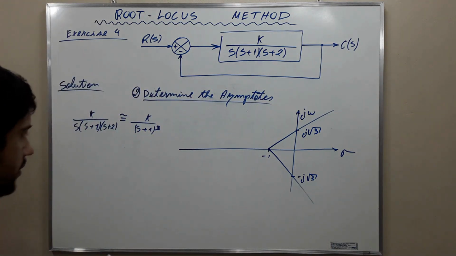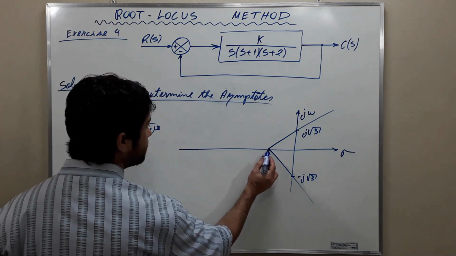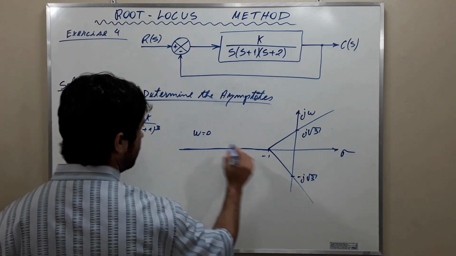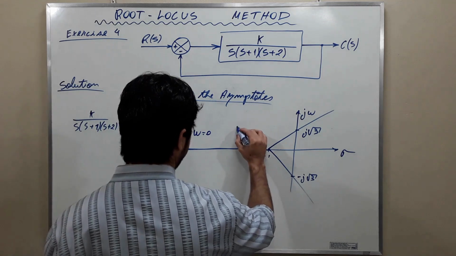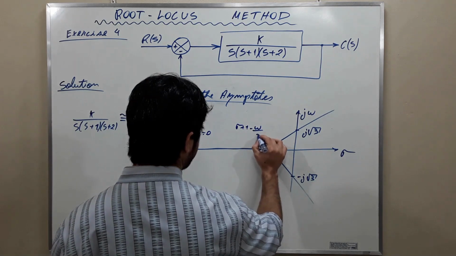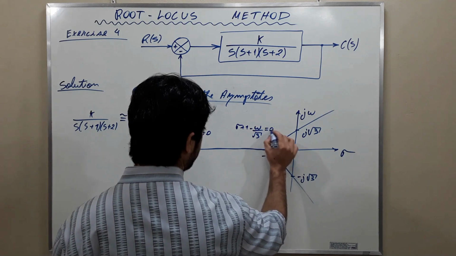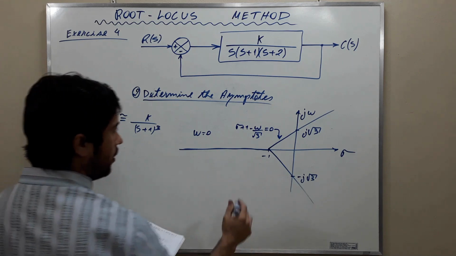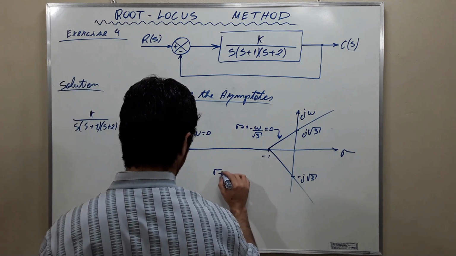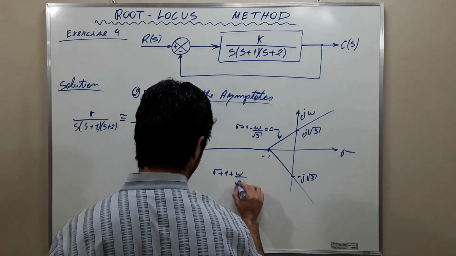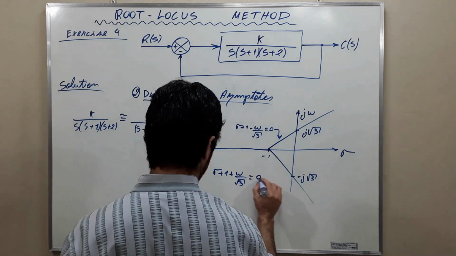Okay, this line here is w equal to 0. This one here is sigma plus 1 minus w over the square root of 3 equal to 0. And the lower one will be sigma plus 1 plus w over the square root of 3 equal to 0.